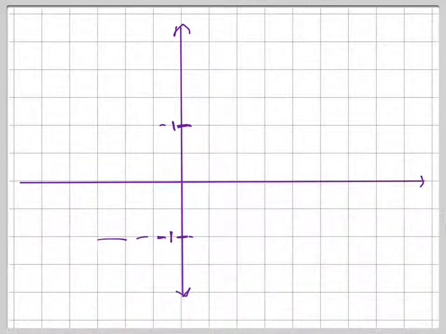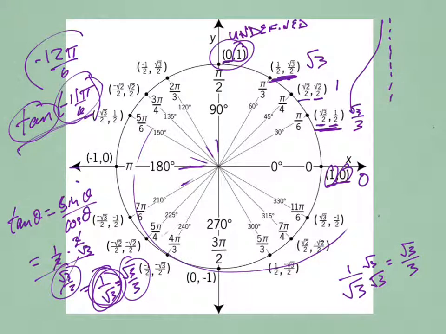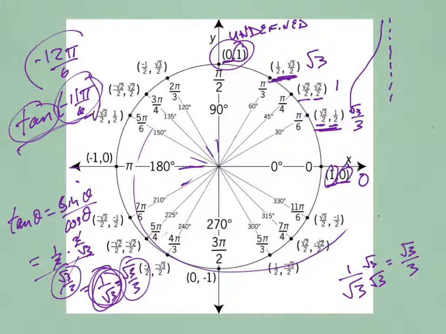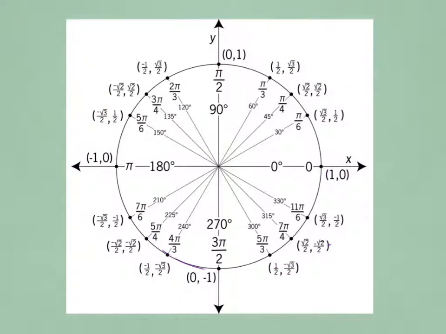Well, let's look at only the sine values. What do you notice about them? You'll notice that they're cyclical. It goes from 1/2 to root 2 over 2 to root 3 over 2 to 1, then back to root 3 over 2, root 2 over 2, 1/2, then to 0, which is where it started.